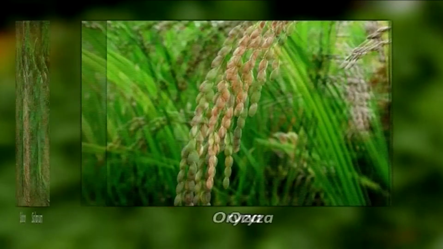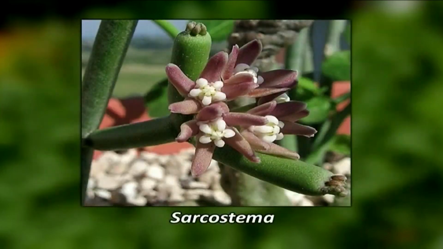Now, the applications of numerical taxonomy. Numerical taxonomy is quite useful for taxonomists interested in delimiting similarities and differences between taxa. As such, it has been used in many studies involving different classes of bacteria and in many animal groups. Numerical taxonomy has been used in many angiosperms, including Oryza, Solanum and Sarcostema.